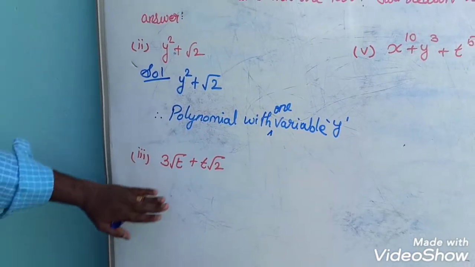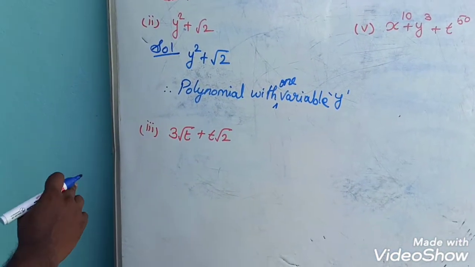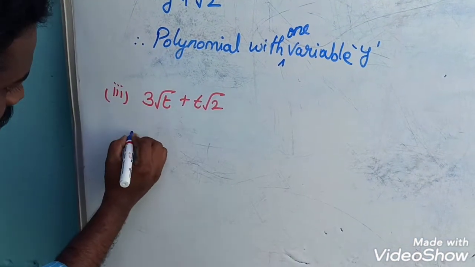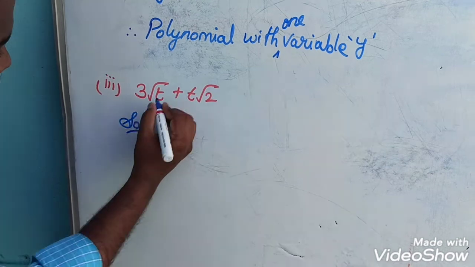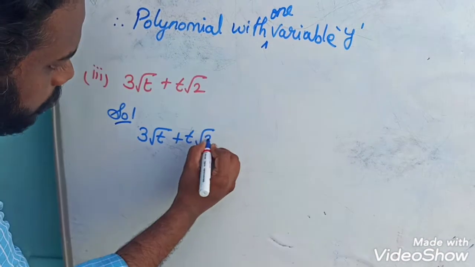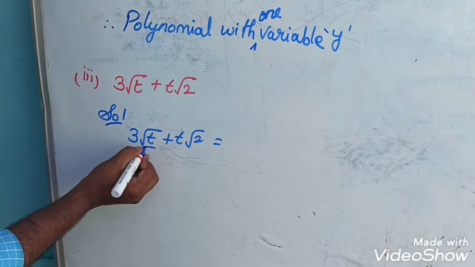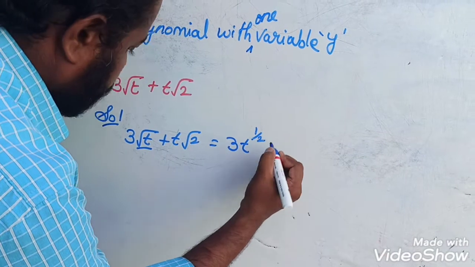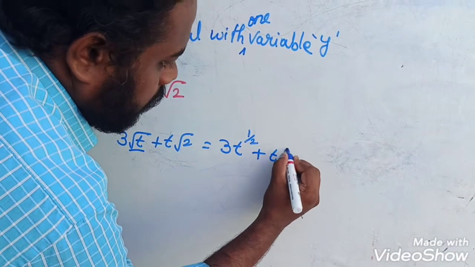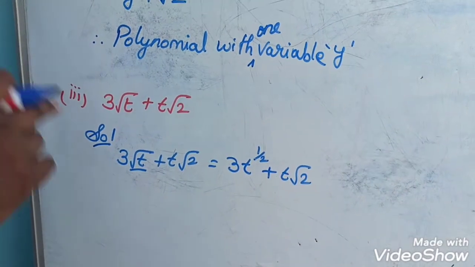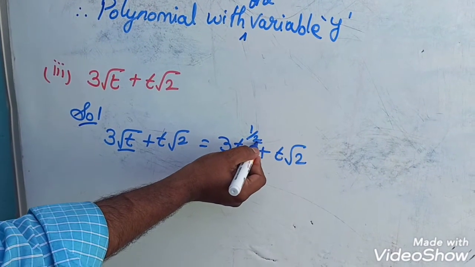In the same way, the third question you have to observe. Here some root is there, because of that I changed that one. Solution. Here 3 root t plus t root 2. This root t can be written in the form 3t to the power 1 by 2 plus t root 2. I already told you the exponent of the variable must be a whole number. Here it's a fraction.